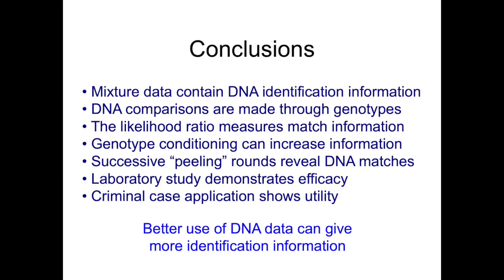Successive peeling rounds of genotype conditioning reveal DNA matches that otherwise would not have been known. Our laboratory studies demonstrate the efficacy of this approach, and a criminal case application shows its utility. Better use of DNA data can give more identification information. Thank you.